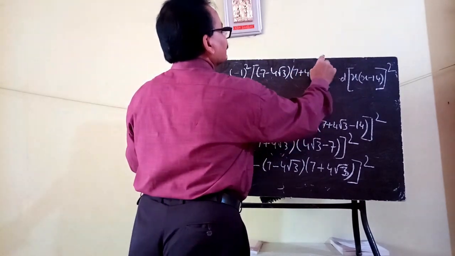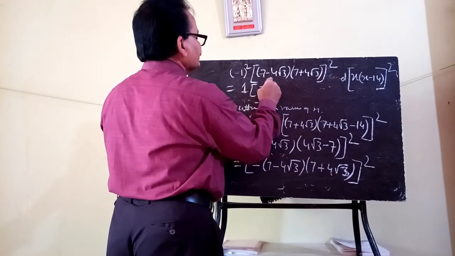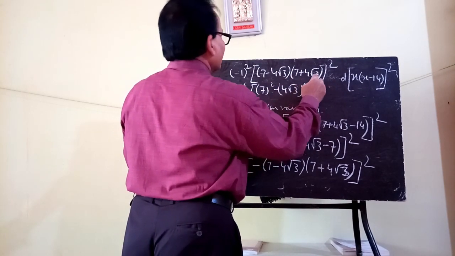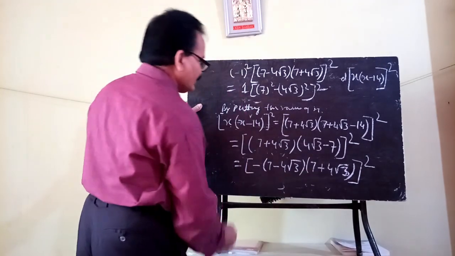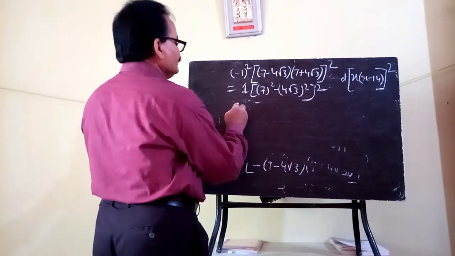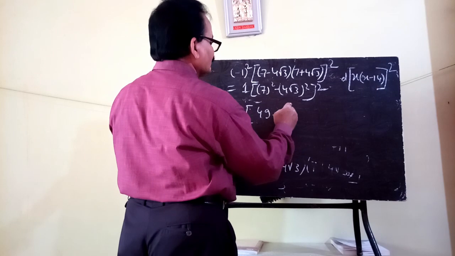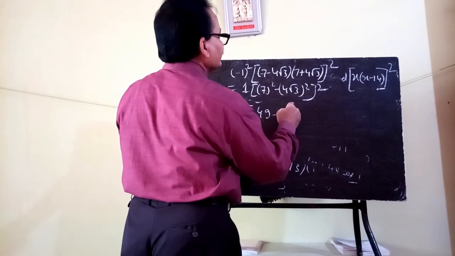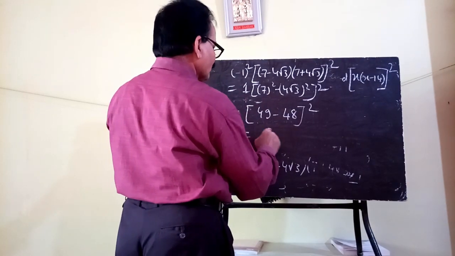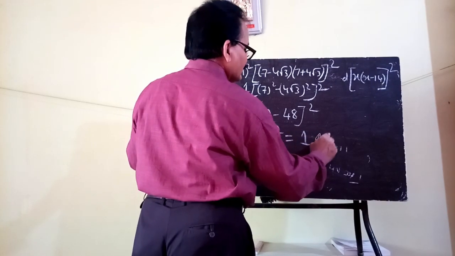Then bracket close, whole square. So this is 1 and here it is 7 square minus (4 root 3) whole square. After that there is a square outside. So finally, under the bracket, 49 minus 16 into 3, which is 48, and whole square. So this is 1 square, and the final answer is 1.